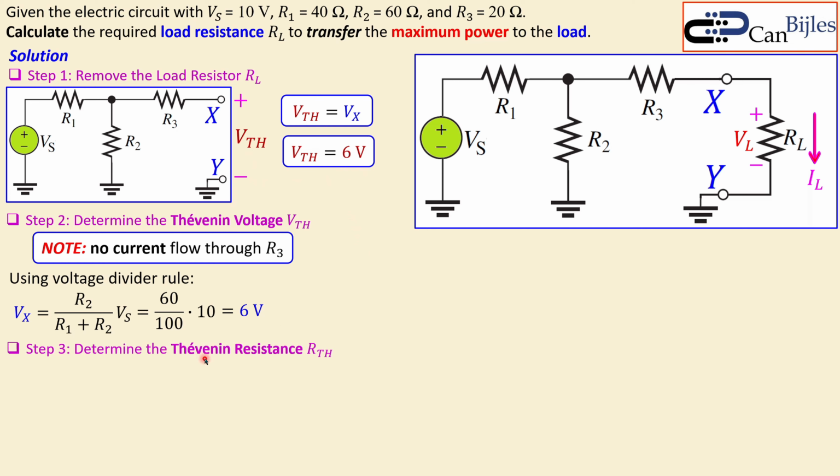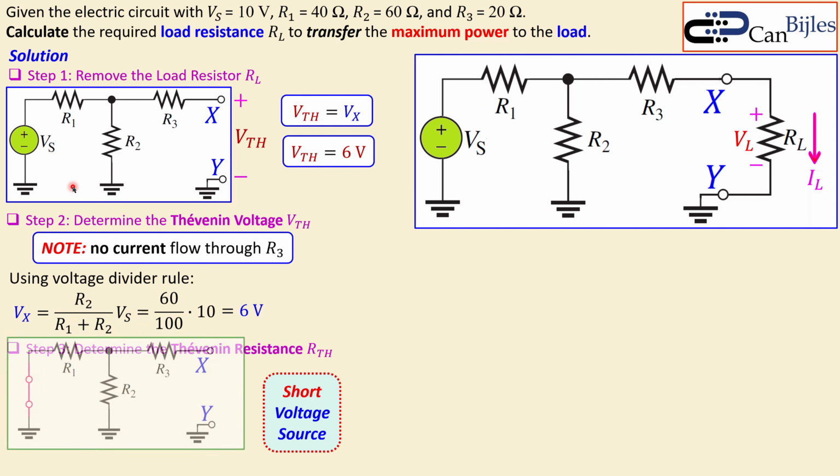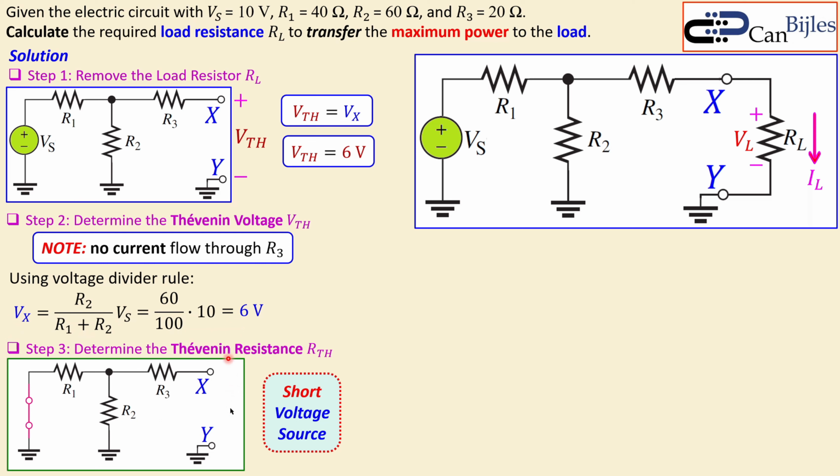Okay, now we determine the Thevenin resistance. That can be done by disabling all the sources. In this case, we have only one voltage source, so we disable that. That means a short, so your circuit becomes this. You again look between these two nodes inside, and that is your R Thevenin. I see R1 and R2 in parallel, so we can combine them, and I just call it RP.